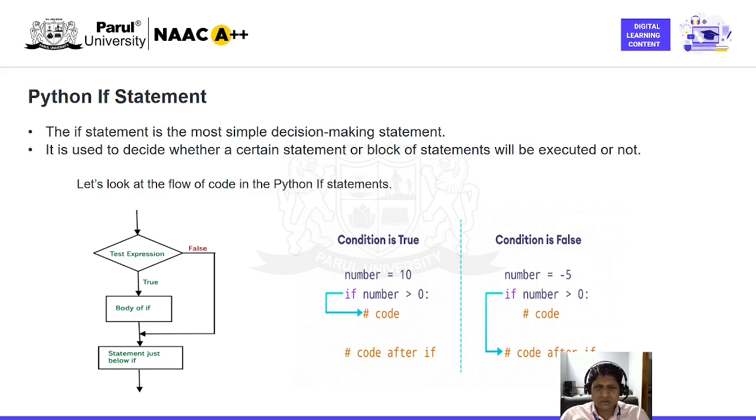No, minus 5 is not greater than 0. It means the condition is false. Then the code will not be executed, and the code after the if will be executed.